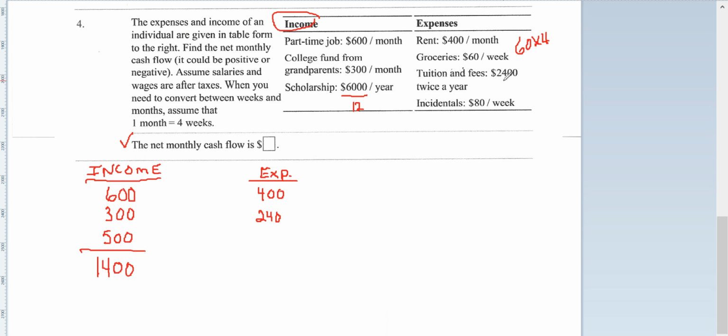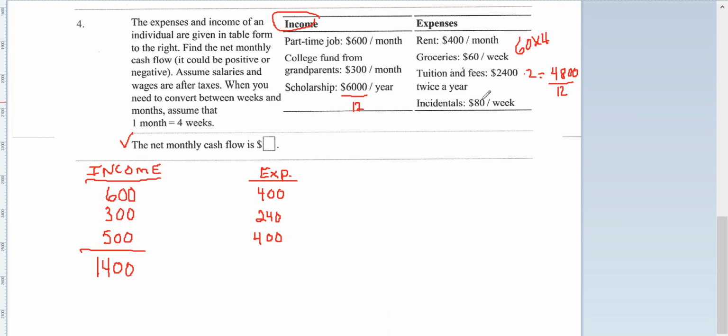Tuition and fees, $2,400 twice a year. So you could times it by 2, and that'll give you $4,800. Divide that $4,800 by 12, and that's going to give you $400 a month in expenses.